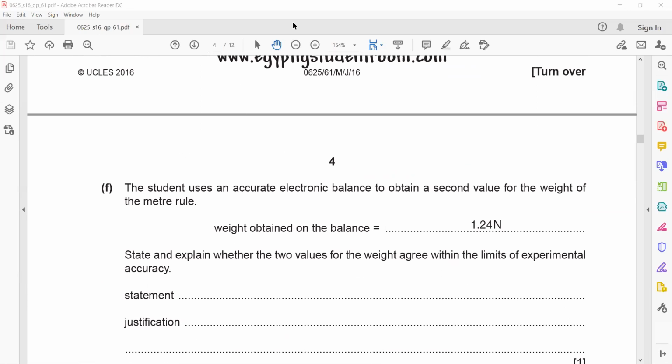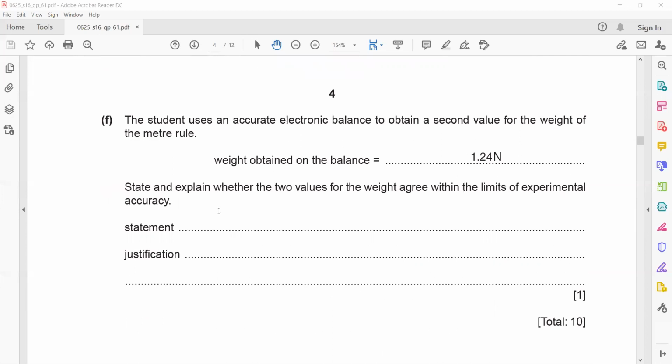So when we are writing the answer, we will write no, the two values are not equal, and the reason is that the percentage difference is more than 10.